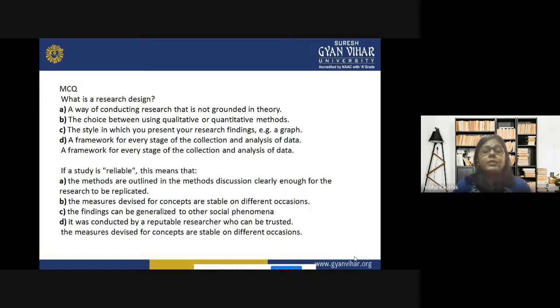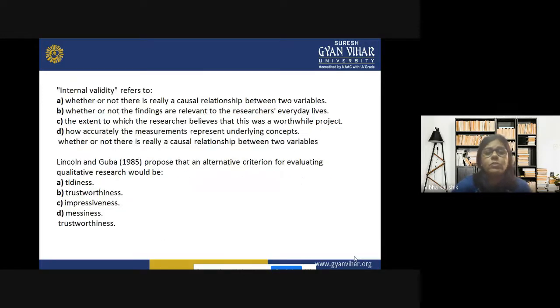C, the findings can be generalized to other social phenomena. Or D, it was conducted by a reputable researcher. So these are the options, and the correct answer will be option B, that is, the measures devised for concepts are stable on different occasions.